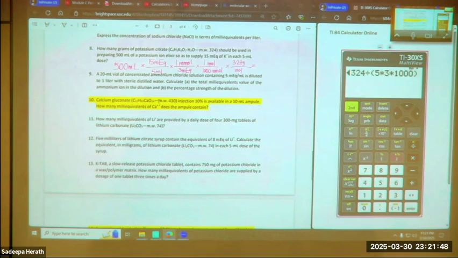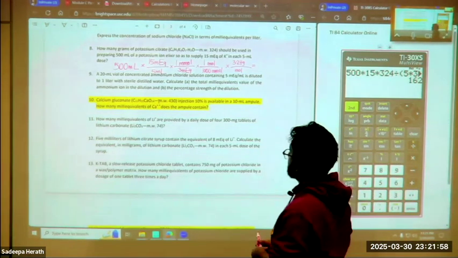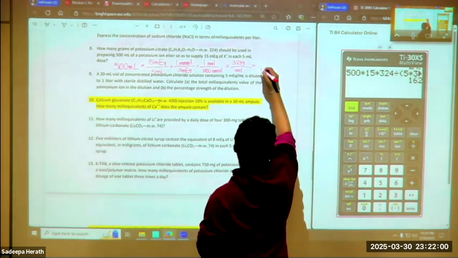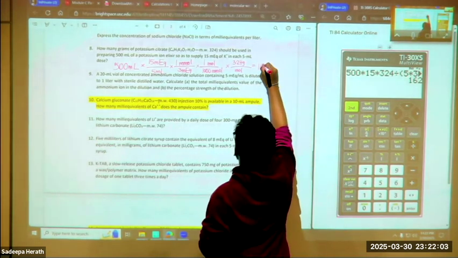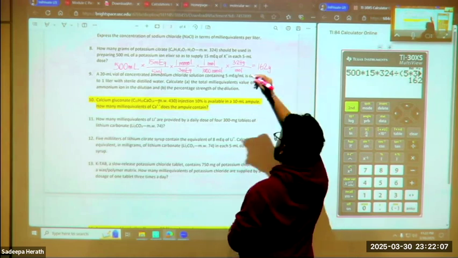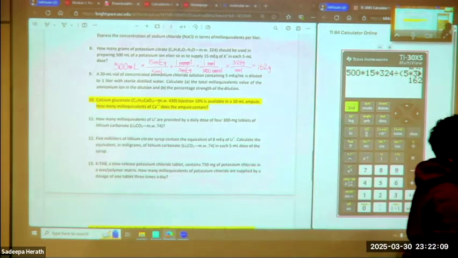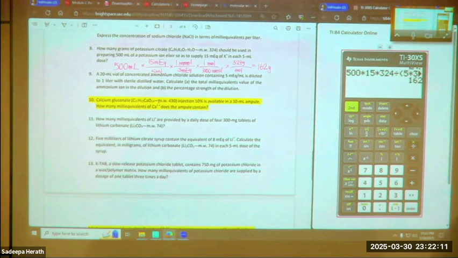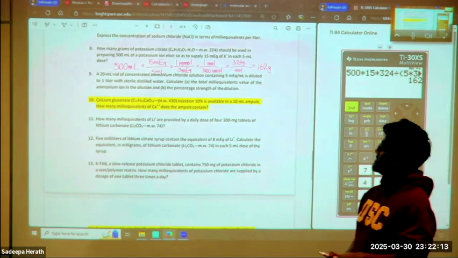It's taking me time because it's at a weird angle from the computer here. 162. 162 grams of potassium citrate. I'm not writing all of that out. Yeah, that's correct.